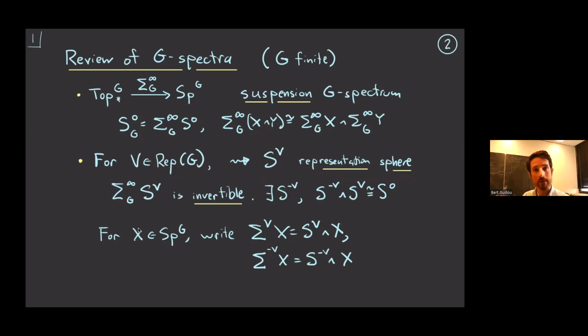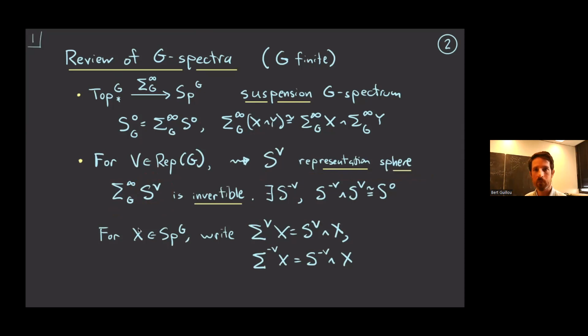One thing that's important in the version of G spectra that we're working with is that if you take one of these representation spheres and produce the associated suspension G spectrum, that will turn out to be an invertible object in our category.